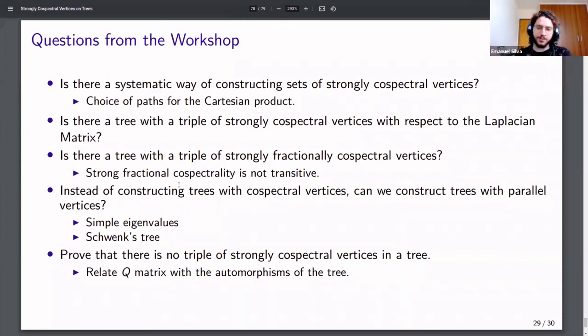I tried, since I already had similar code, to search through the maximum number of trees to find a triple of strongly fractionally cospectral vertices. But I haven't found any such tree up to 15 vertices, I guess. And what surprised me was that not even the paths had a triple of strongly fractionally cospectral vertices.